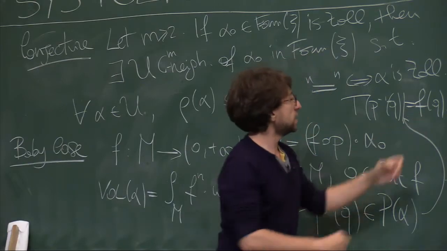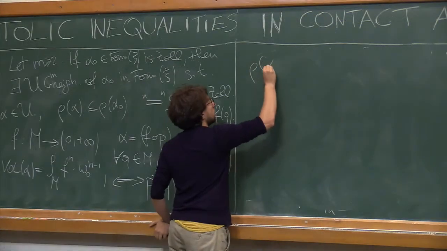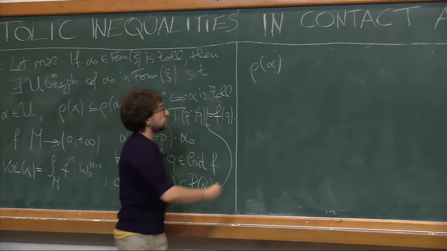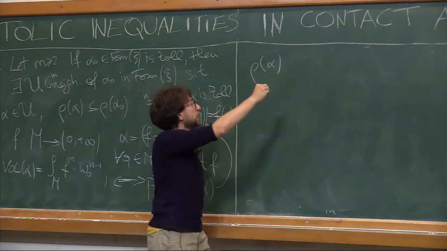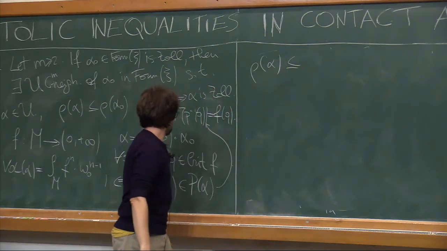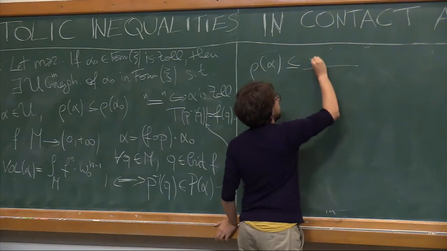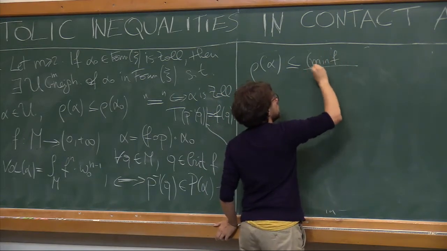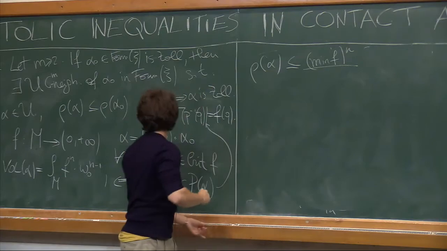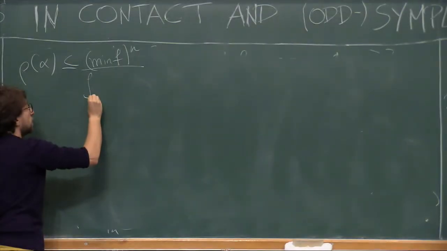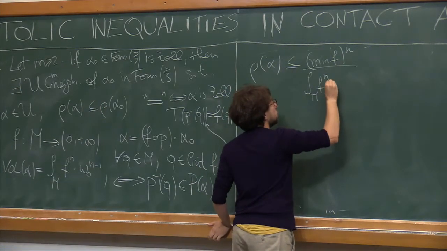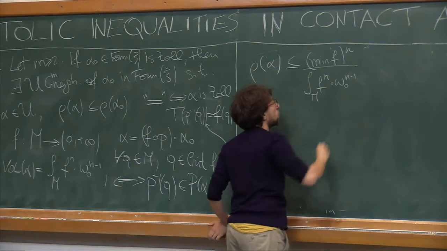Then what does it mean? This means that if I now take the systolic ratio of alpha, above I have the minimal period, so this will be certainly smaller than the minimum of f to the n. And below I have the volume, so this is the integral over M of f to the n times omega naught to the n minus 1.